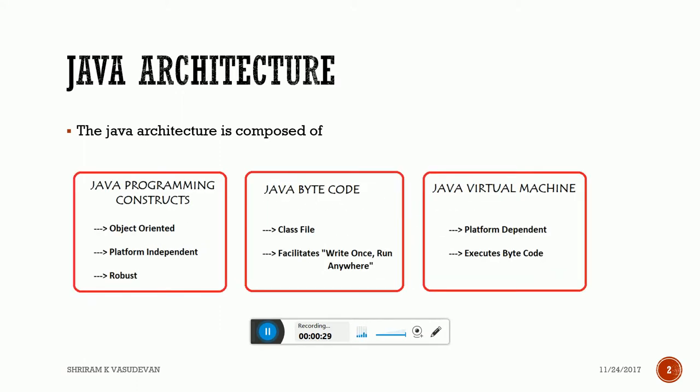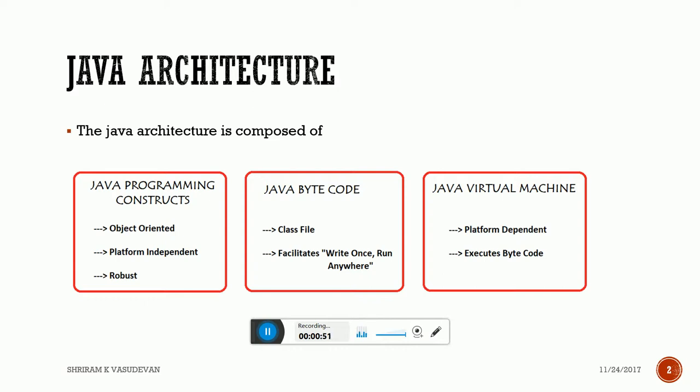Java is actually composed of three different blocks, I can say. Three different components are there in any Java code or any Java related stuff that we are looking into. I see them as the Java programming construct, Java bytecode, and Java virtual machine. We need to understand that quickly.